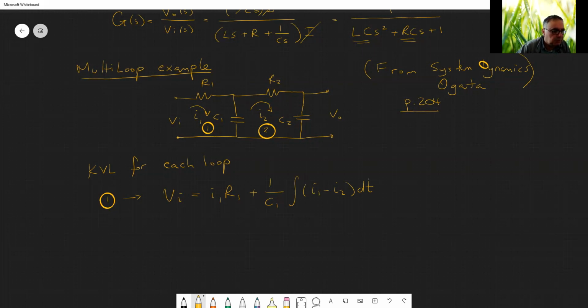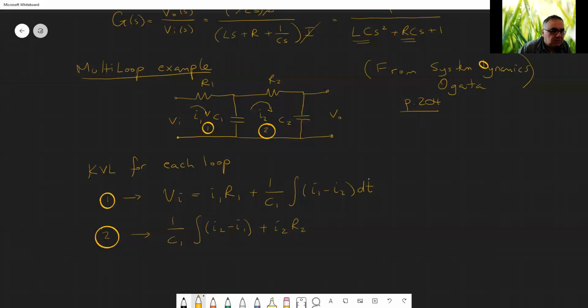The second loop equation gives you the voltage across the next one plus I2 R2.